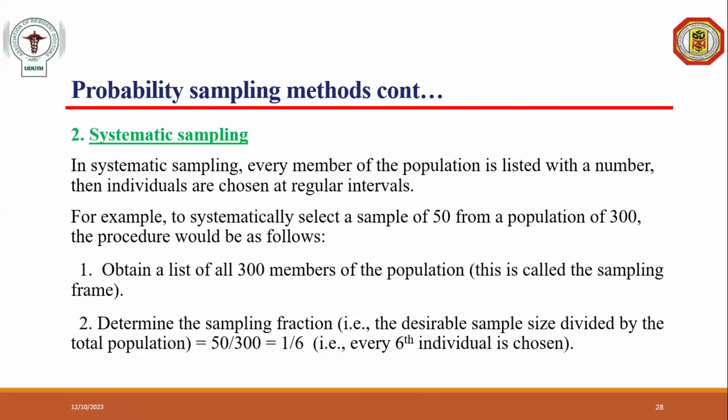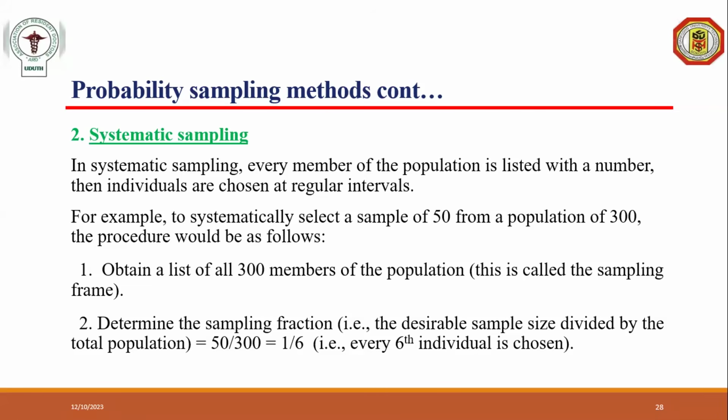Or even if you don't have the list, you anticipate that from such a period to such a period that you are going to collect your data, a total of 100 people will come as your sampling frame. Out of this sampling frame, let's say our sample size is 40. You want to select 40 out of this 100.